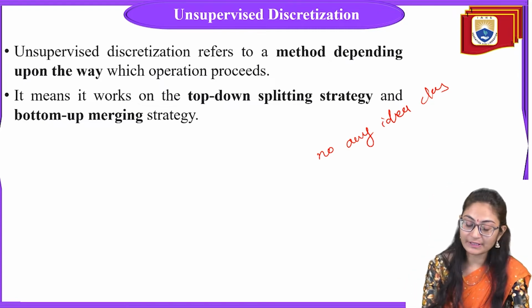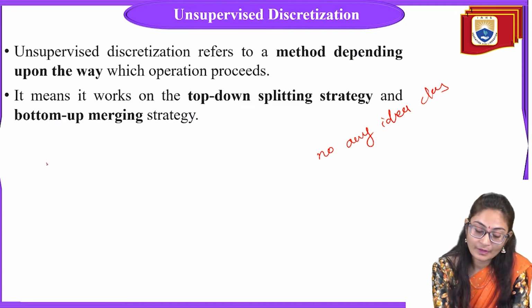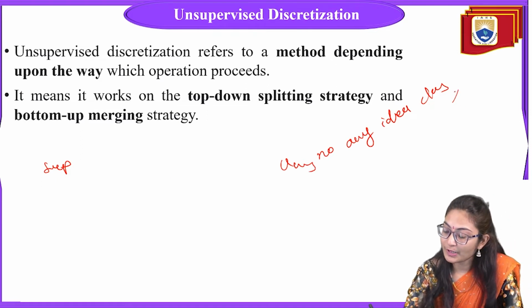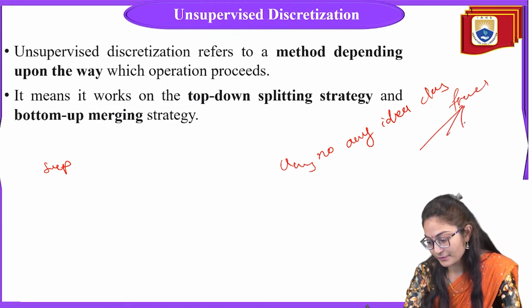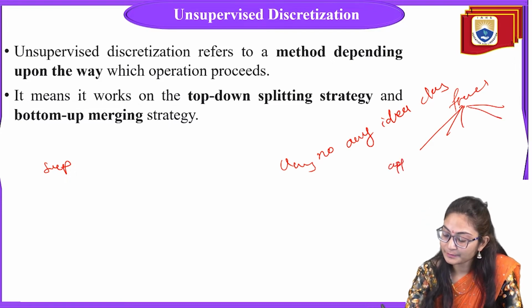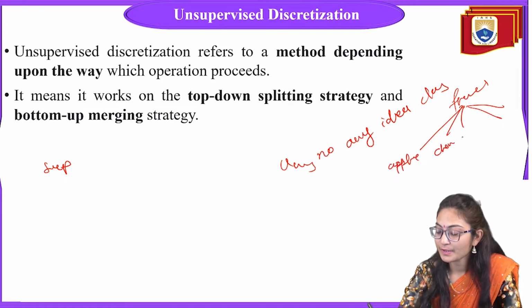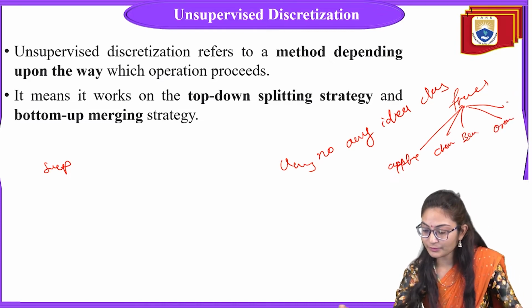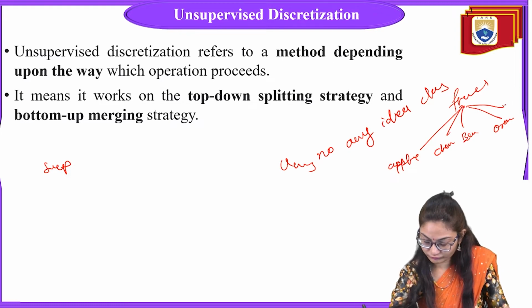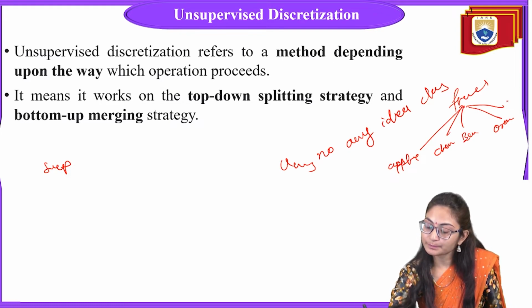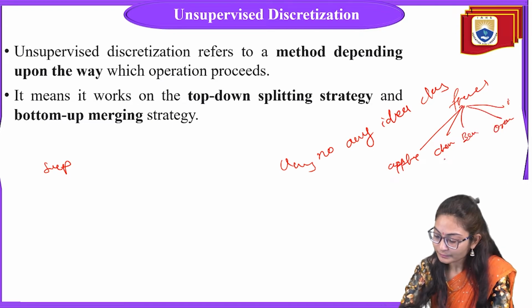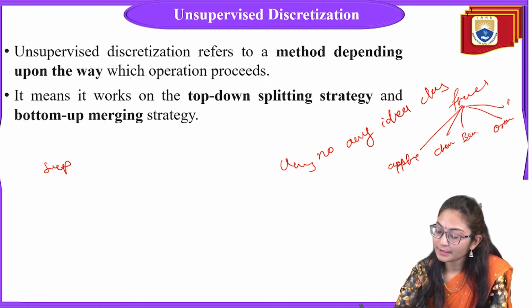For example, for supervised and unsupervised, we have some fruits like apple, cherry, banana, orange, and guava.